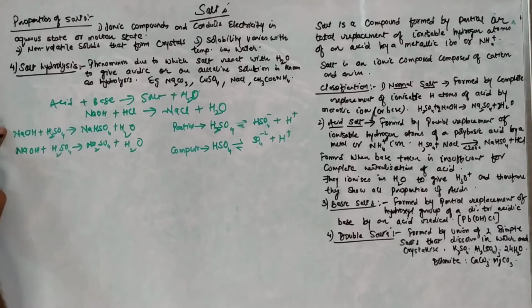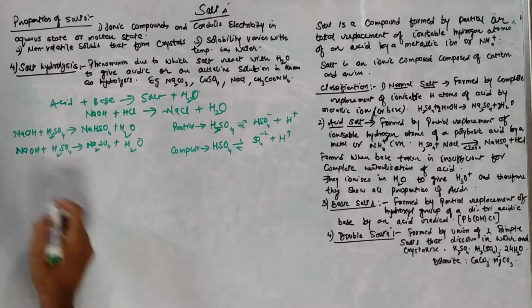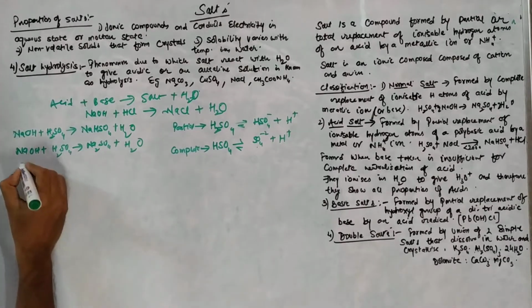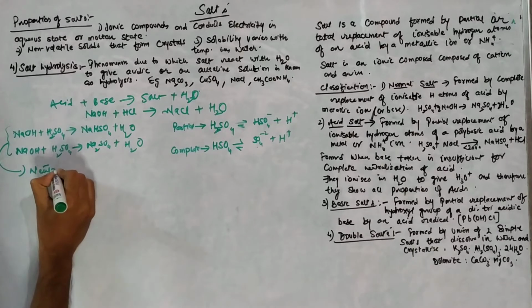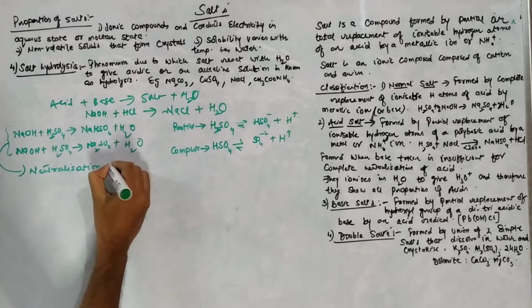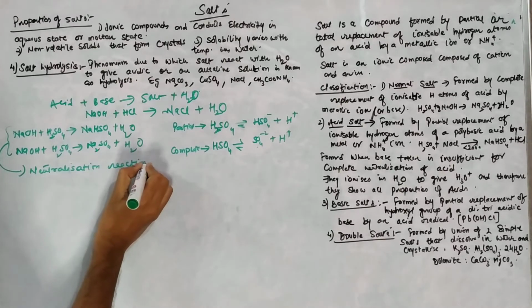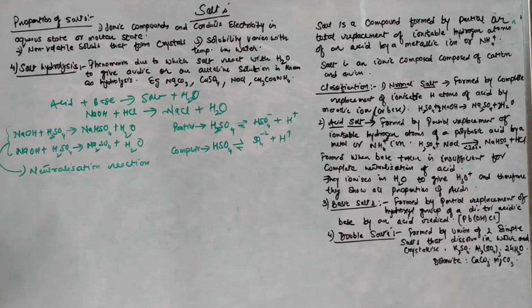The first one is formed by partial replacement of hydrogen atoms, and the second one is formed by complete replacement of hydrogen atoms of the acid. We also call these reactions neutralization reactions, where the base is neutralizing the acid, right.